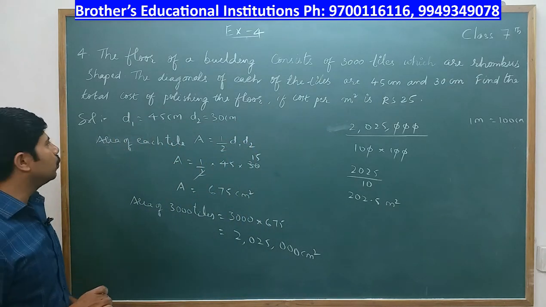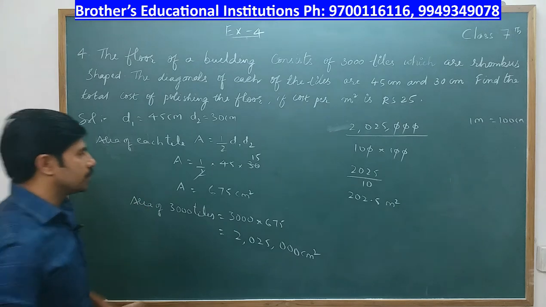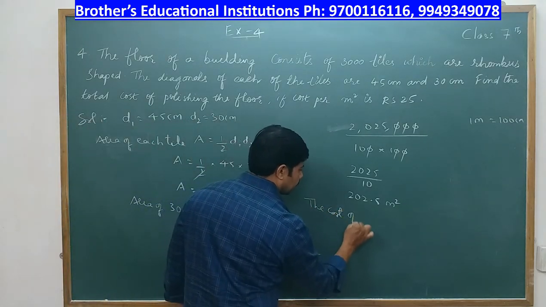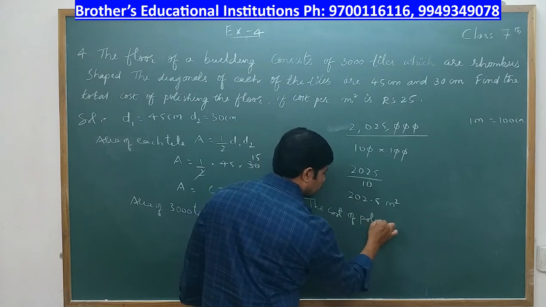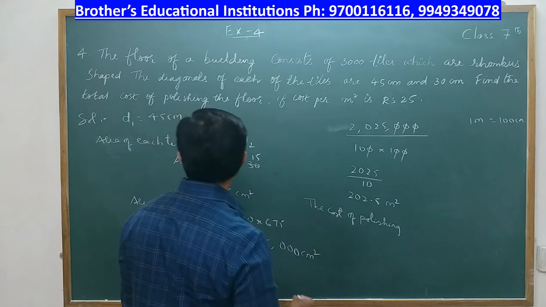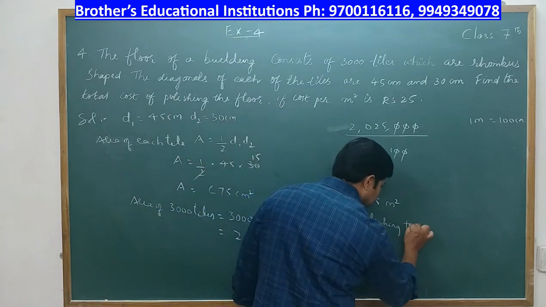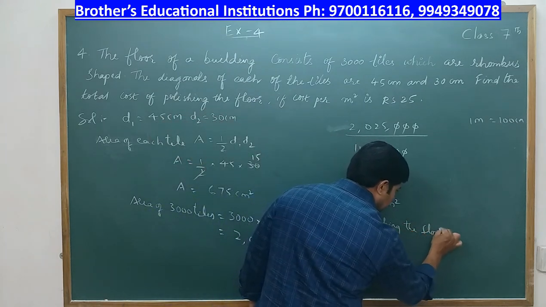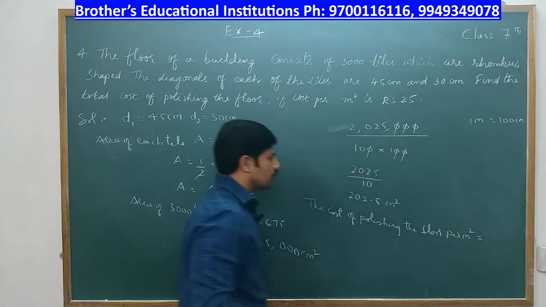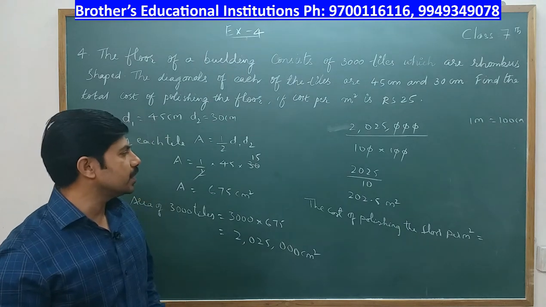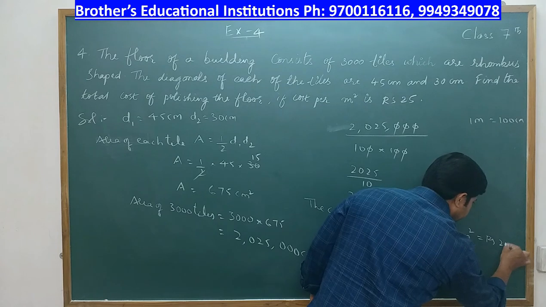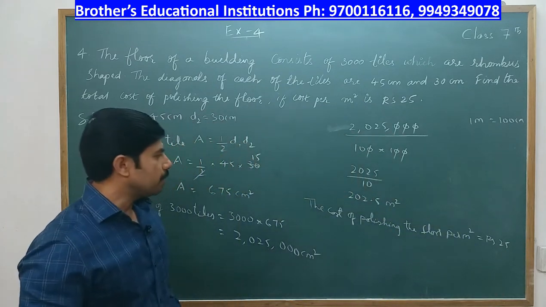After that, now we will find the cost. The cost of polishing the floor per meter square is rupees 25. So per meter square is 25.